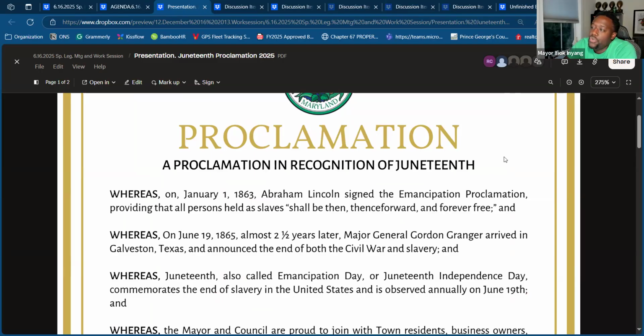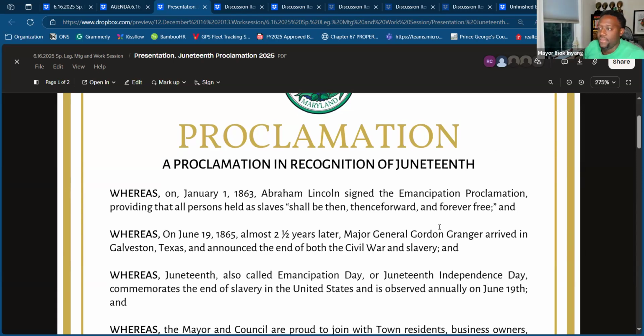And whereas on June 19th, 1865, almost 2.5 years later, Major General George Gordon Granger arrived in Galveston, Texas, and announced the end of both the Civil War and slavery. And whereas Juneteenth, also called Emancipation Day or Juneteenth Independence Day, commemorates the end of slavery in the United States and is observed annually on June 19th.